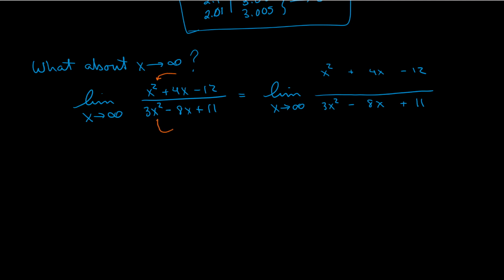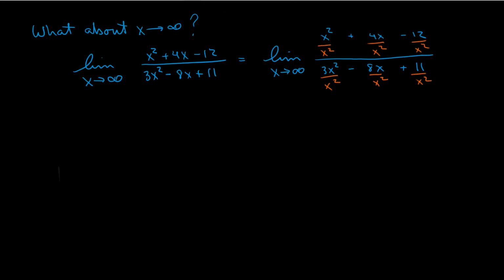In the denominator, it's also x squared, so it's a tie, which is perfectly fine. I'm going to divide each term by the highest power of x, in both the numerator and the denominator. Okay, so we've done that.